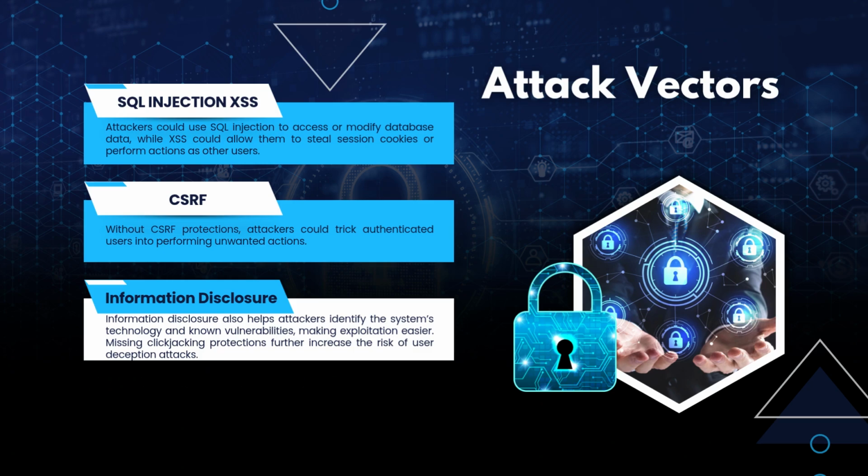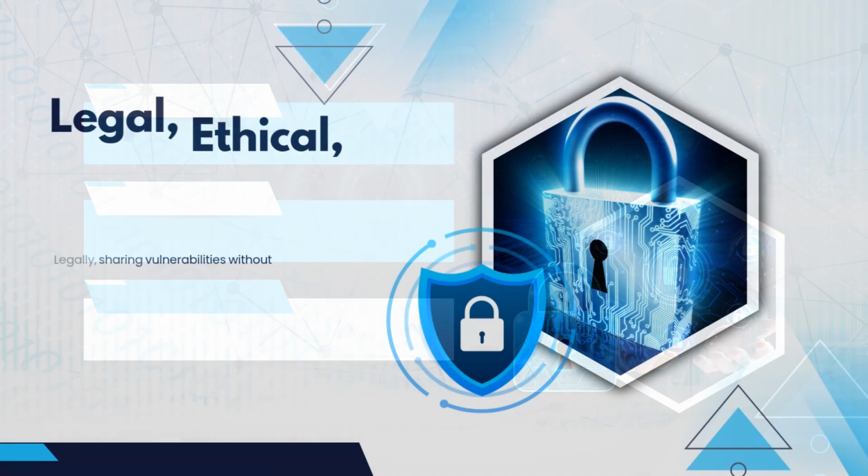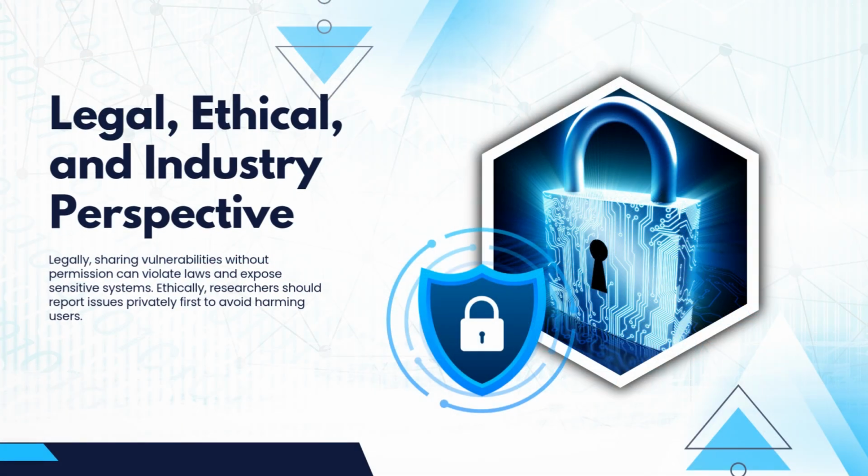Attackers could use SQL injection to access or modify database data, while XSS could allow them to steal session cookies or perform actions as other users. Without CSRF protections, attackers could trick authenticated users into performing unwanted actions. Information disclosure also helps attackers identify the system's technology and known vulnerabilities, making exploitation easier. Missing clickjacking protections further increase the risk of user deception attacks.